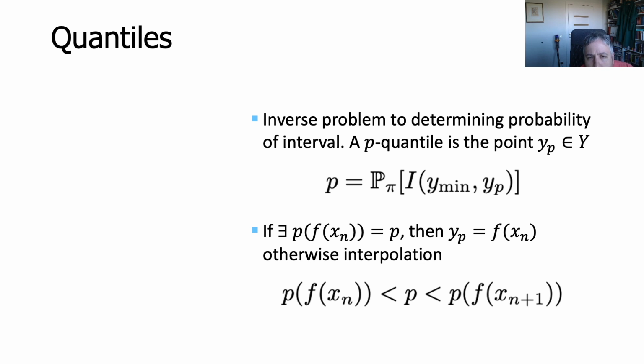Finally, quantiles are computed as an inverse problem to determining the probability of an interval. So really, we need to solve the problem of finding such p that the probability of the interval from the minimal value to the value of p that we are interested in matches.